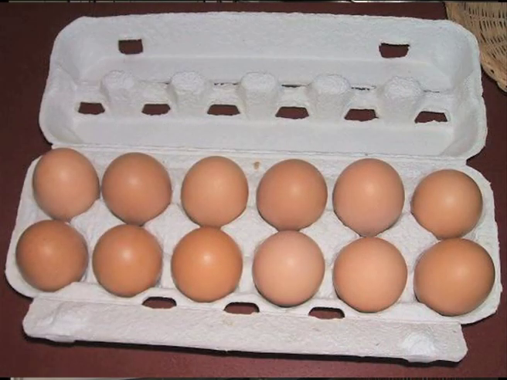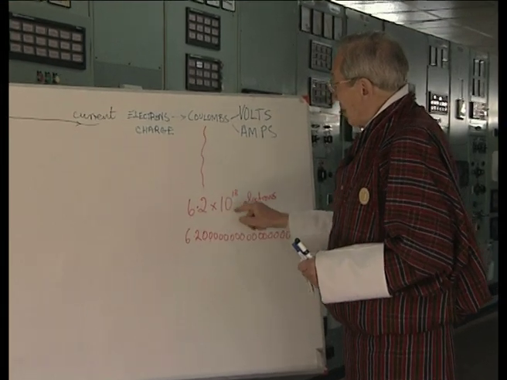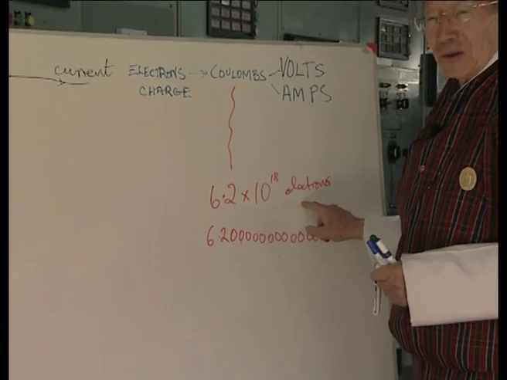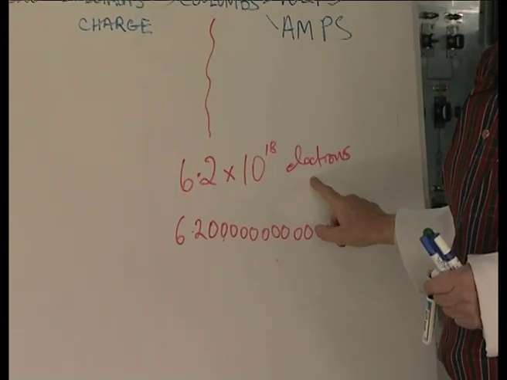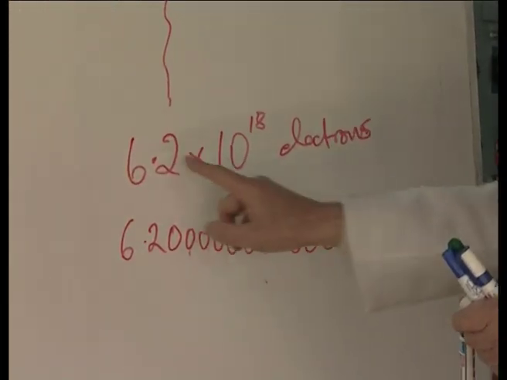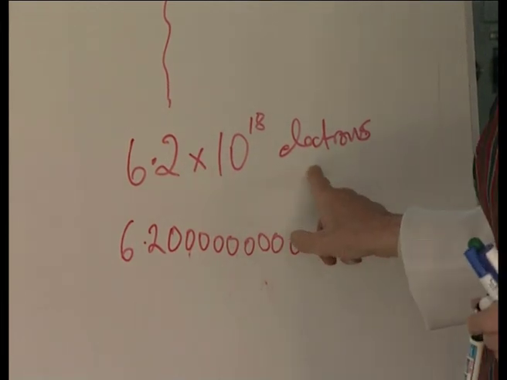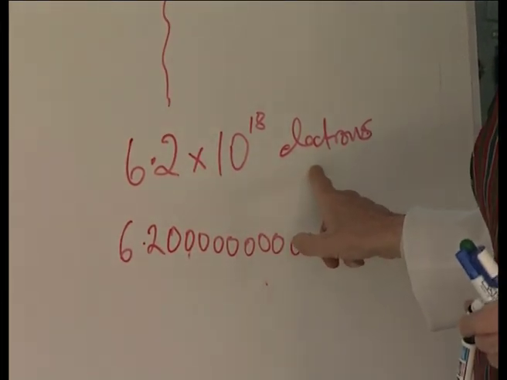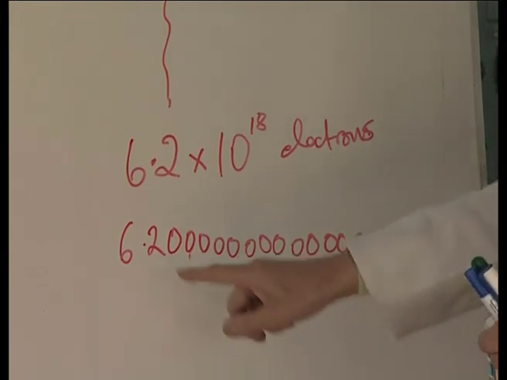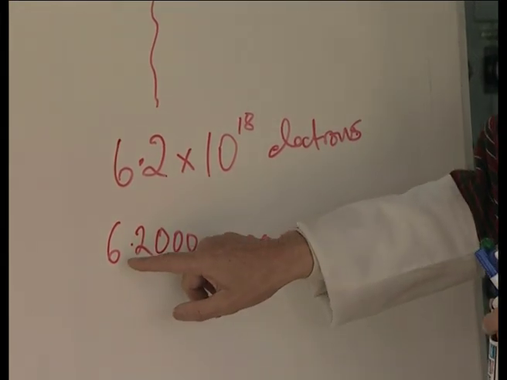Just as 12 eggs make a dozen eggs, so 6.2 times 10 to the 18 electrons make 1 coulomb of charge.